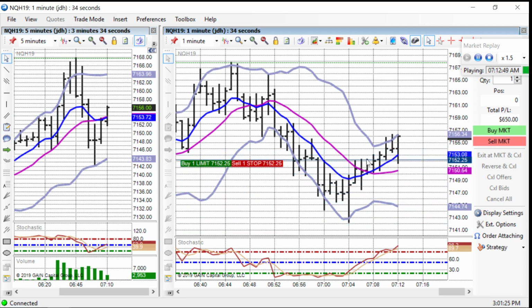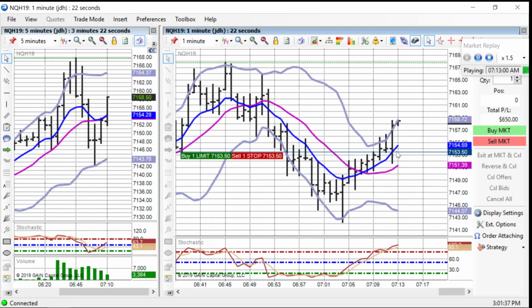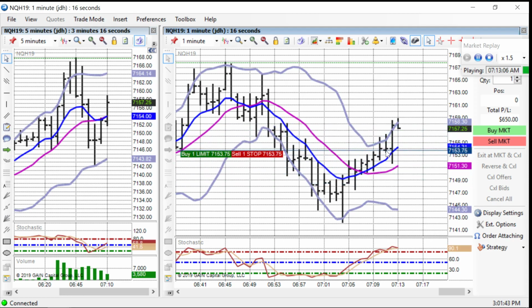And you can get away with a lot of sloppiness at the initial part of the trend. You can often get away with buying or selling at the Bollinger Band as the trend starts. Don't try to do that, but you can get away with being a little bit sloppy as the trend starts.